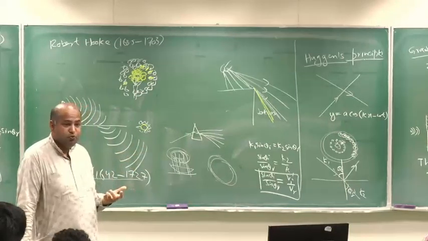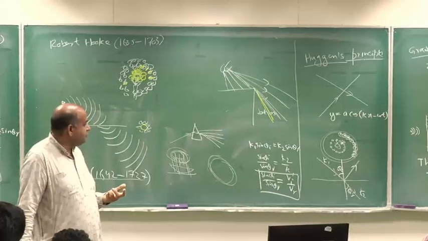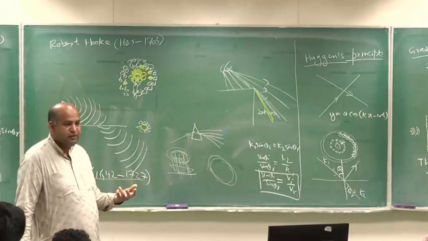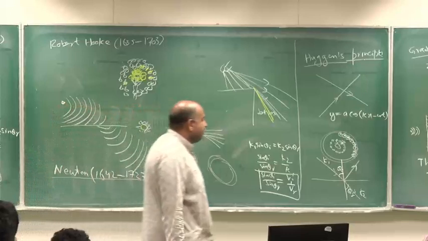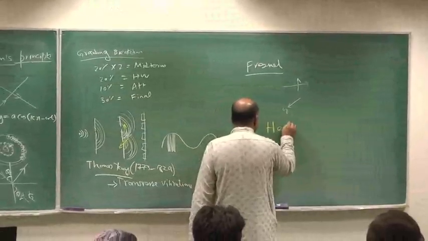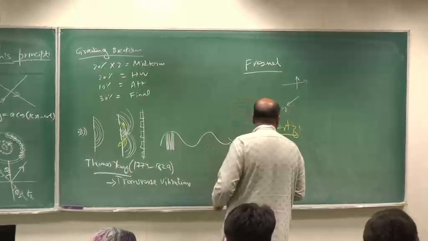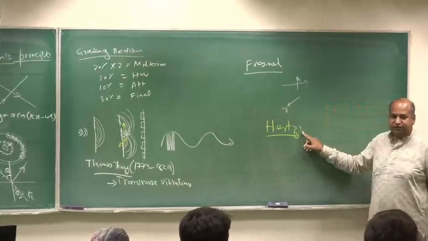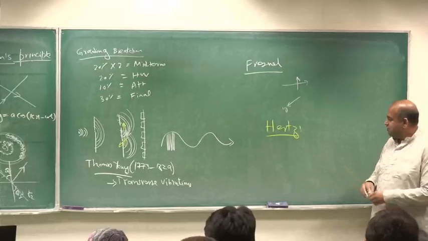And there were people who suddenly became interested in producing those waves in other ways. And there was one person, Hertz, who pioneered the production of electromagnetic waves and light using spark gaps.